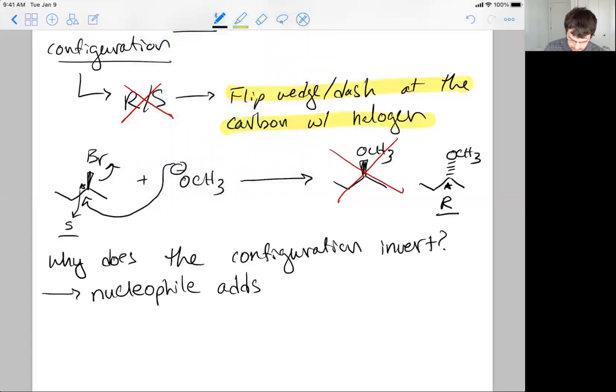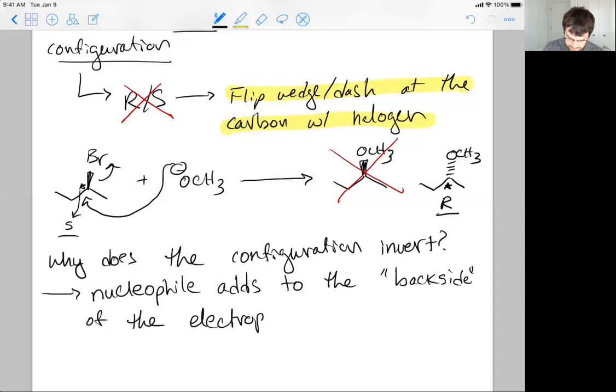adds to, and I didn't make this up because I wouldn't have, the backside of the electrophilic carbon atom.